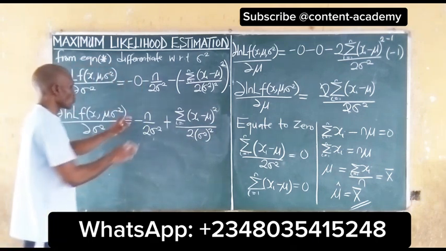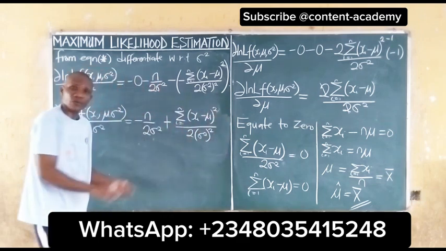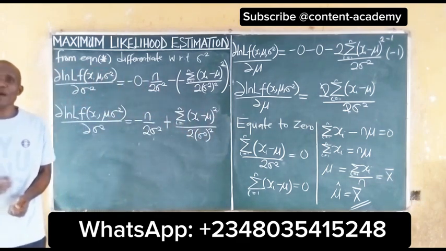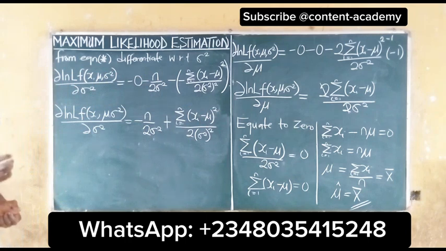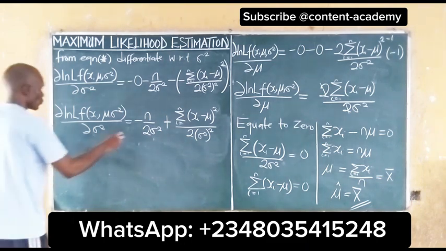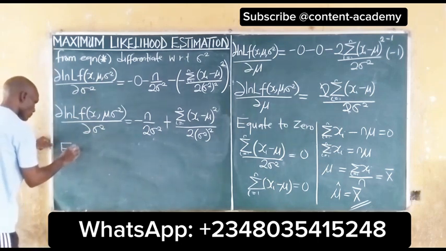Now, the next thing to do is to equate the whole of this to 0. Because we said from our maximum likelihood estimation that the first thing to do is to take the likelihood function, the second is to take the log, the third is to take the derivative with respect to any given parameter and equate to 0.